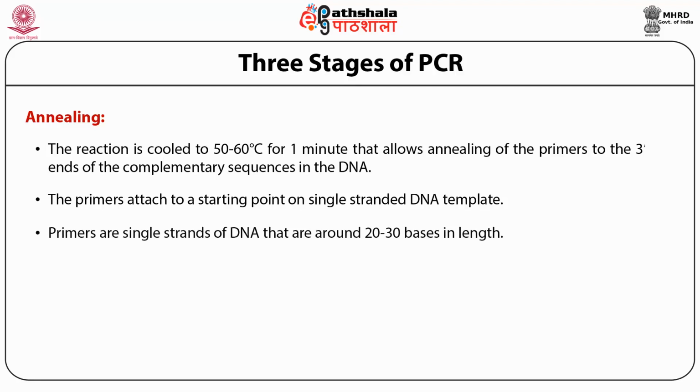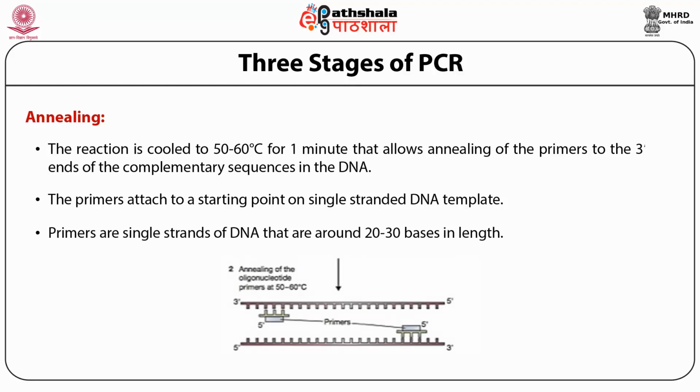Primers are single strands of DNA that are about 20 to 30 bases in length, as I already explained before. The cartoon at the bottom describes how the small primers anneal to the single-strand template DNA through complementarity. The forward primer anneals close to the 5' end and the reverse primer also anneals close to the 5' end of the reverse strand.